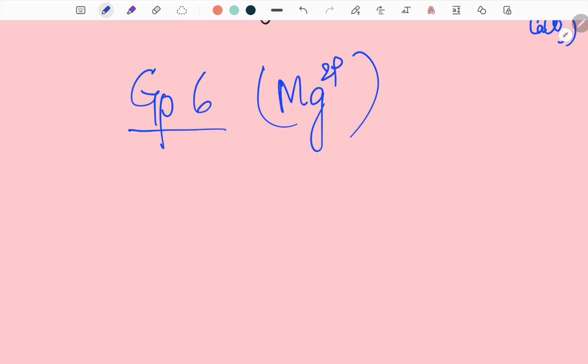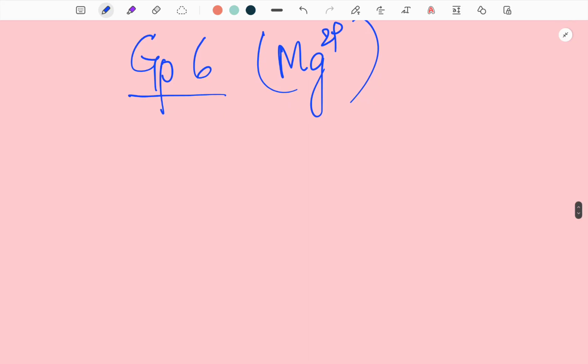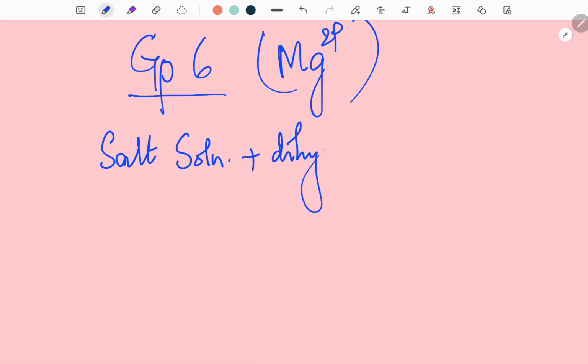But if you are required to do a test in your school, you can do the dihydrogen phosphate test. You need to take the salt solution and add ammonium dihydrogen phosphate to it. If you are getting a white precipitate, that means magnesium is present. It is not a confirmatory test, it's just an identification test.